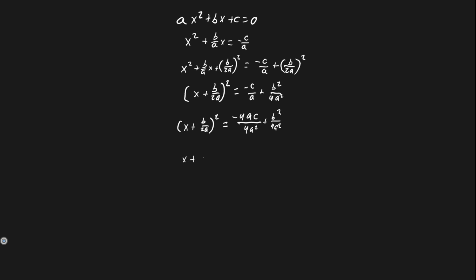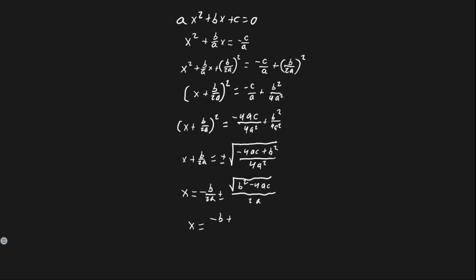We have x plus b over 2a is equal to the square root of minus 4ac plus b squared over 4a squared, which basically simplifies down to x is equal to minus b over 2a plus or minus the square root of b squared minus 4ac over 2a, where we can go ahead and group this again, giving us our quadratic formula.